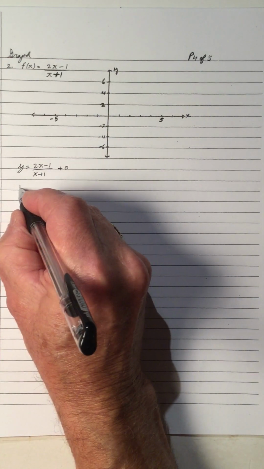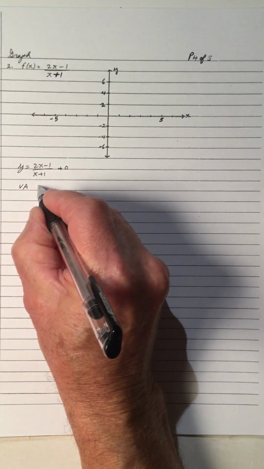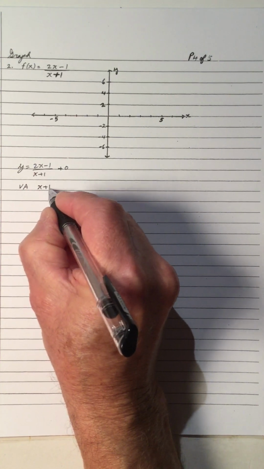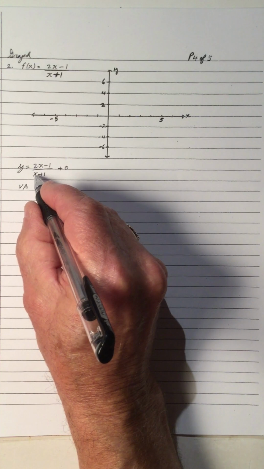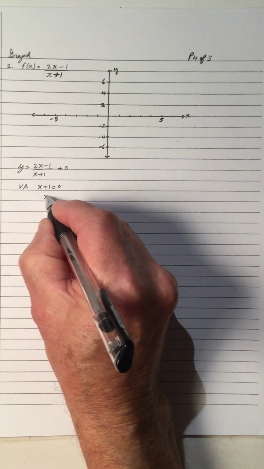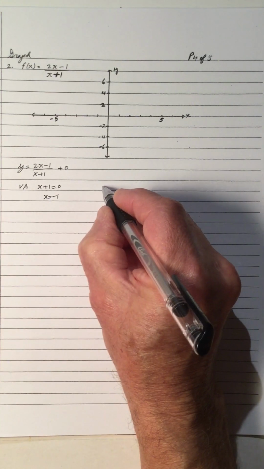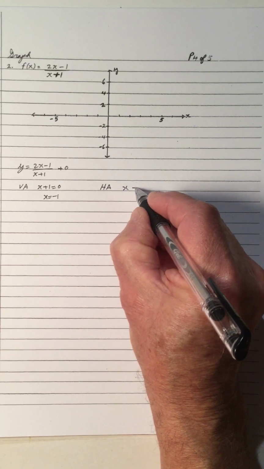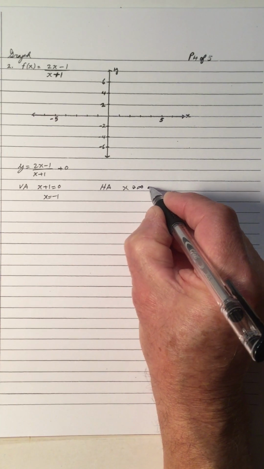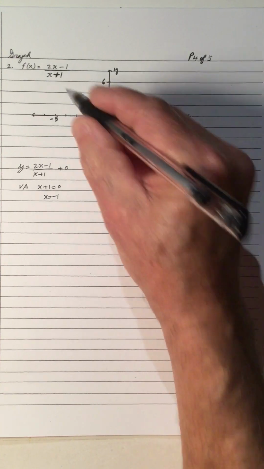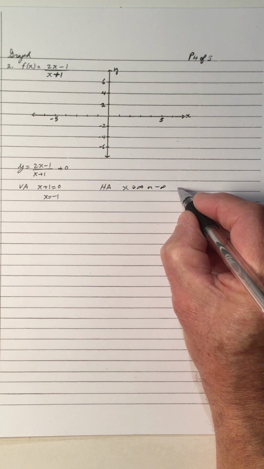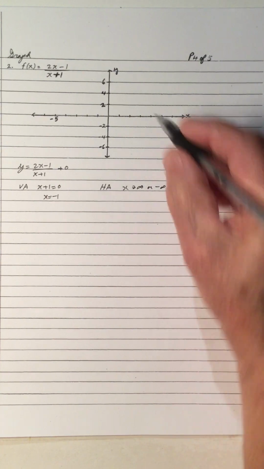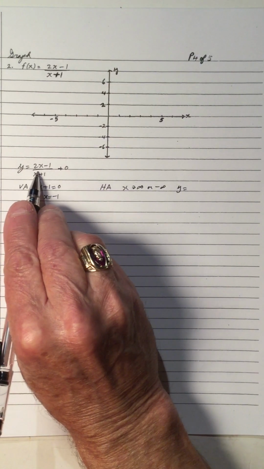So let's look at the vertical asymptote. The vertical asymptote is when your denominator is equal to 0. So let x plus 1 equal 0, x is negative 1. And the horizontal asymptote: as x goes to infinity or negative infinity, that means y, so look at the equation, let's look at this right here.